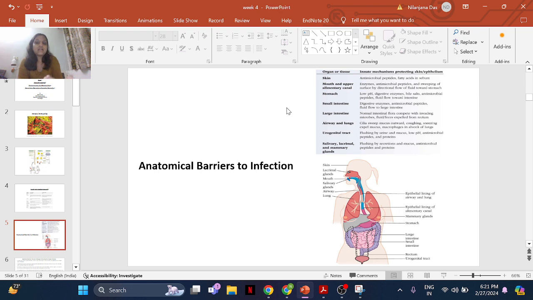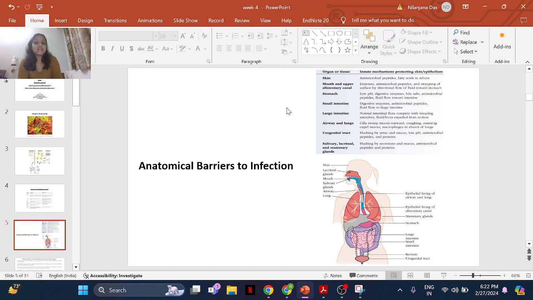Then in the airway and lungs, there are cilia which sweep the mucus outward. Coughing and sneezing expel mucus. There are macrophages in the alveoli of the lungs which phagocytose the pathogens entering through our airway or the nostrils. There is also the urogenital tract, where pathogens are flushed by urine and mucus, there is low pH, and there is secretion of antimicrobial peptides and proteins.